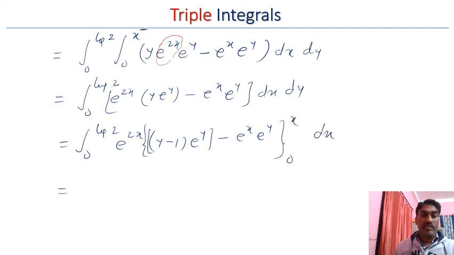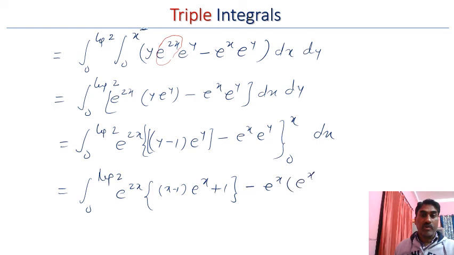Put these limits and we get 0 to log 2 of e to the power 2x times x minus 1 e to the power x plus 1, minus e to the power x times e to the power x minus 1, upper limit and lower limit, dx.